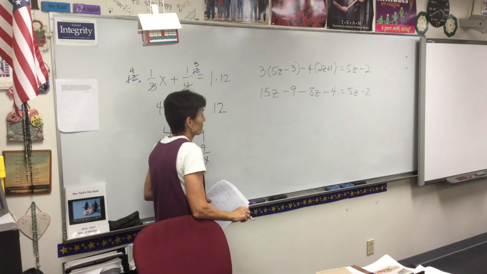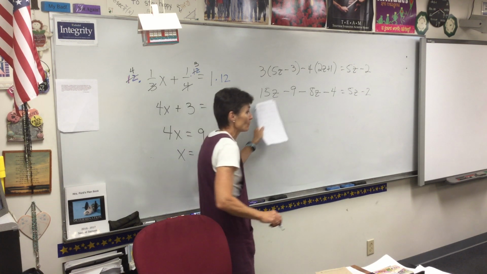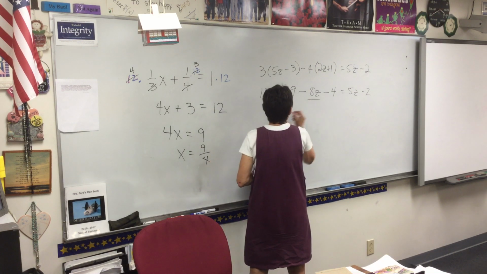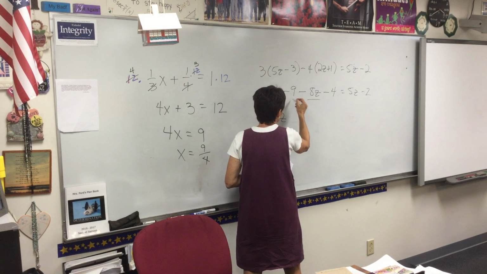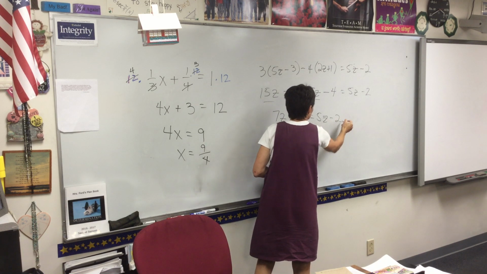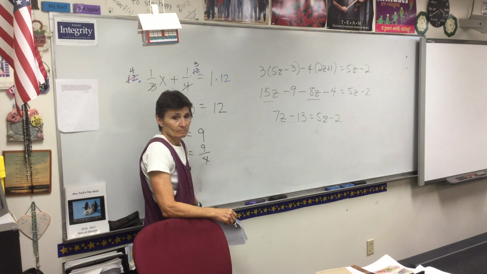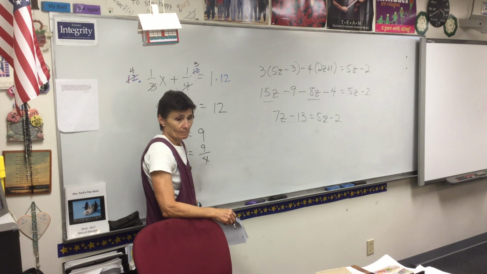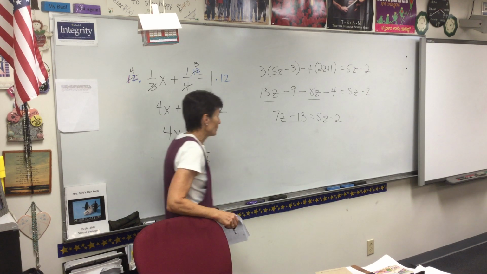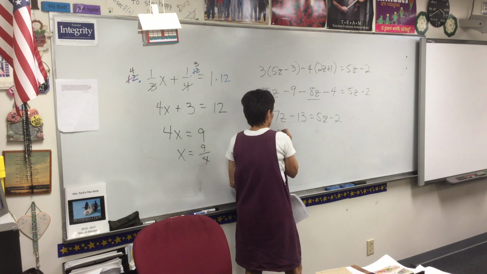So let's clean this up over here. We got some like terms over here. So that'll make 7z minus 13. And then we'll subtract 5z.